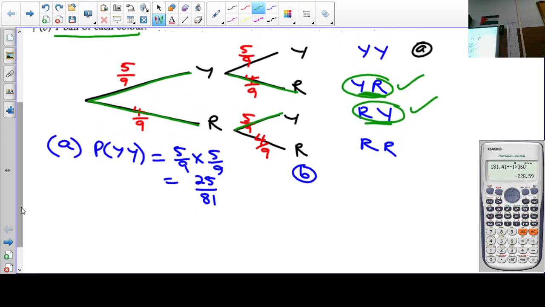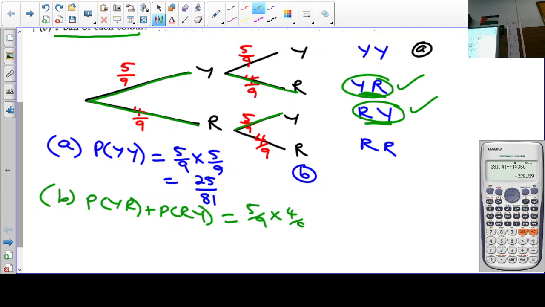So in other words, the probability of yellow then red plus the probability of red then yellow, which will be 5 over 9 times 4 over 9 plus 4 over 9 times 5 over 9. Can you see I'm following this branch here now?